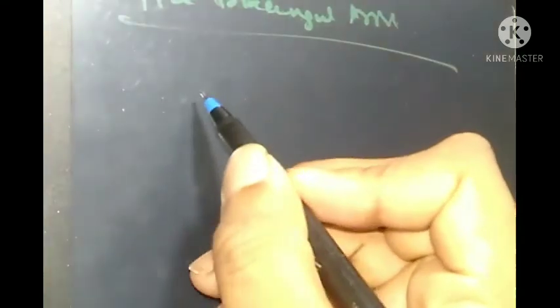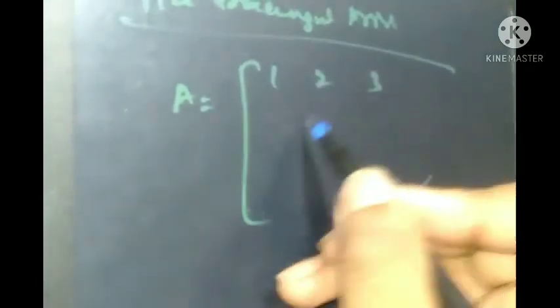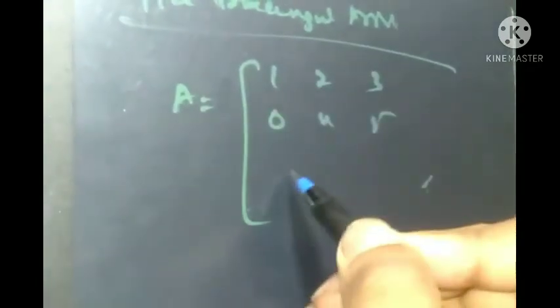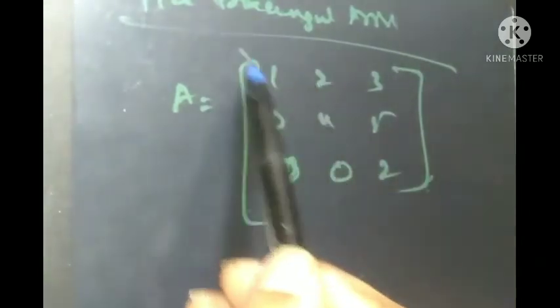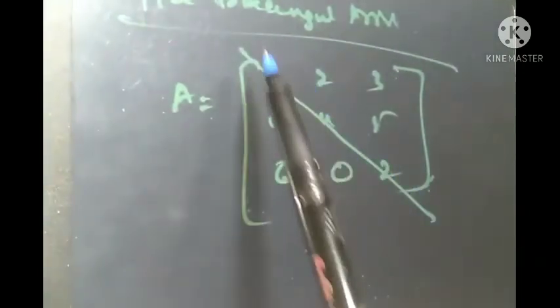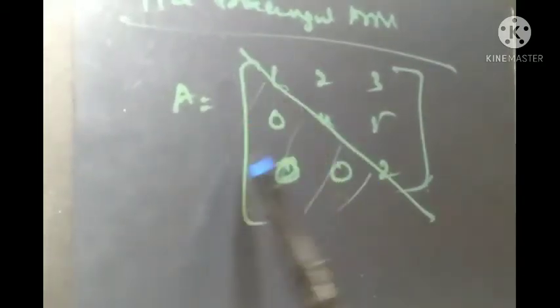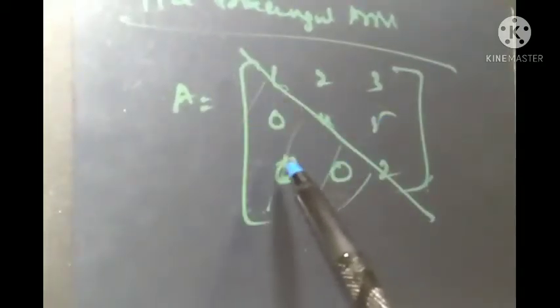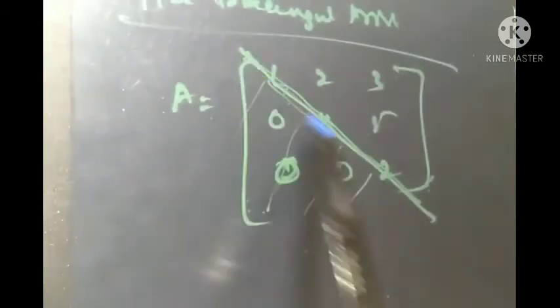That means suppose we consider one matrix: 1 2 3, 0 4 5, 0 0 2. See this, this is the diagonal line. All the below-diagonal elements are 0.